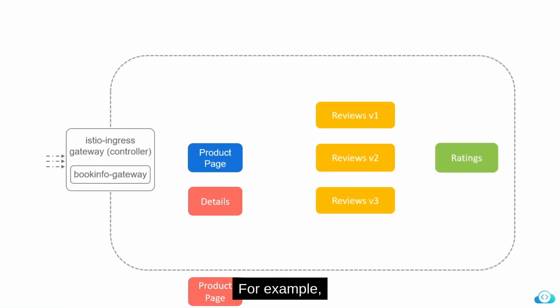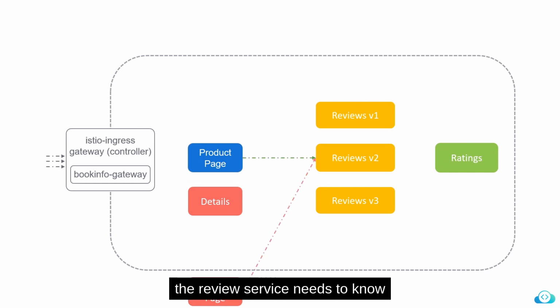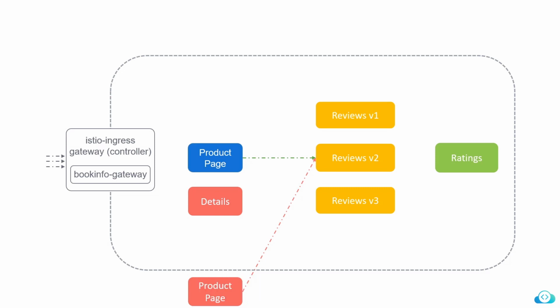For example, when the product service tries to reach the review service, the review service needs to know that the request is actually coming from the product service and not from an external source who pretends to be the product service. So the traffic from one service to the other needs to be verified.